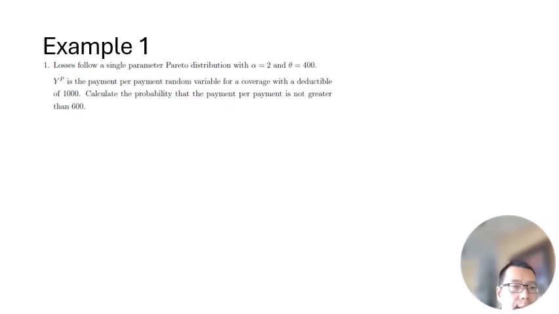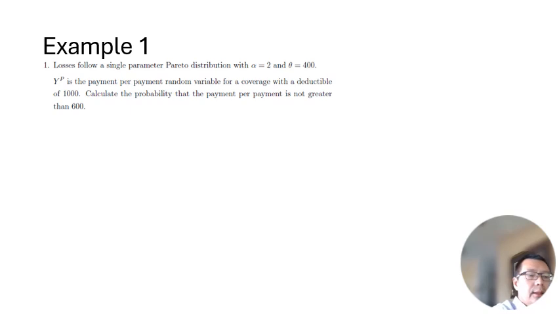Now let's look at this example 1. Losses follow a single parameter Pareto distribution with alpha equal to 2 and theta equal to 400. YP is the payment per payment random variable for coverage with a deductible of 1000. Calculate the probability that the payment per payment is not greater than 600.